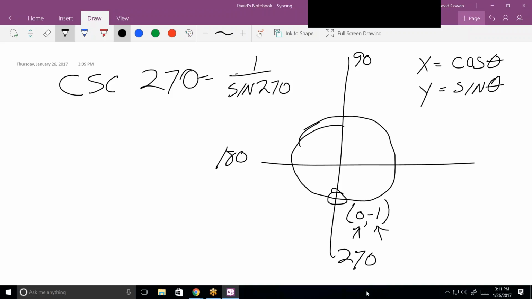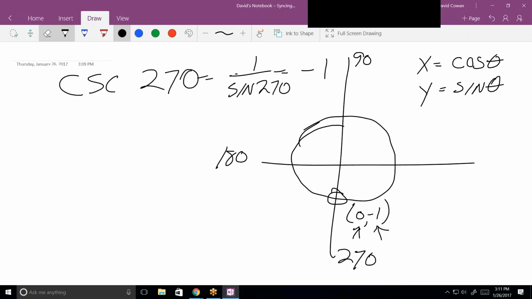So what's the cosecant of 270? 1 over -1, so that'd still be -1, right? Correct. 1 is the only number whose reciprocal is itself. Every other number, when you take a reciprocal of it, it changes. But when you have 1 or -1, it stays the same.